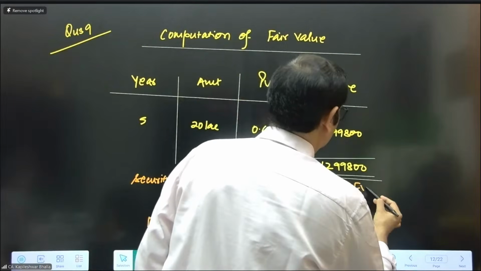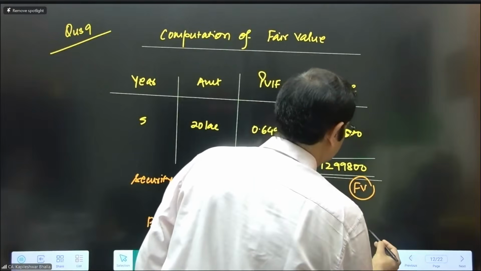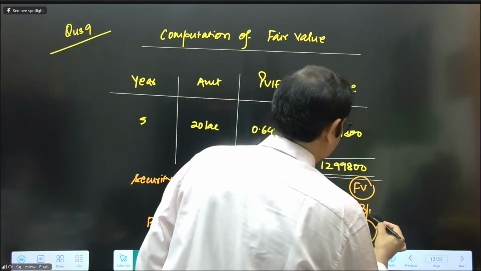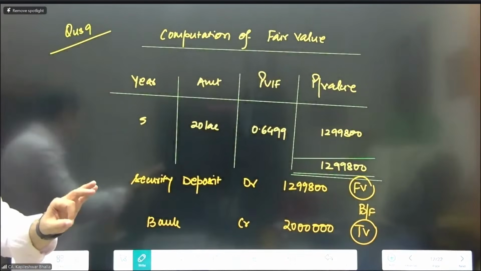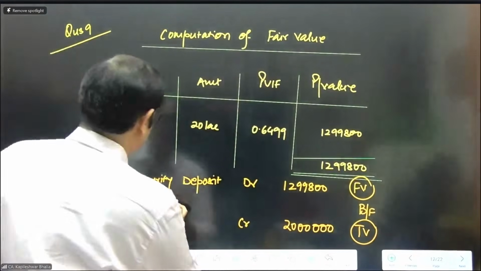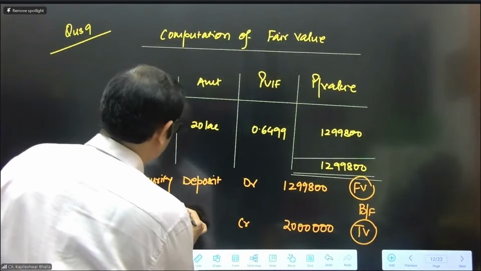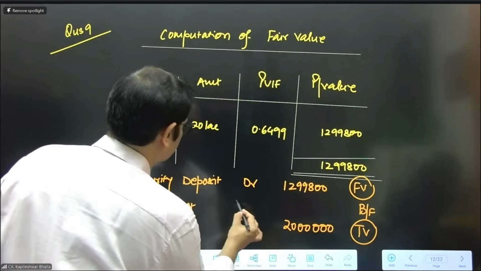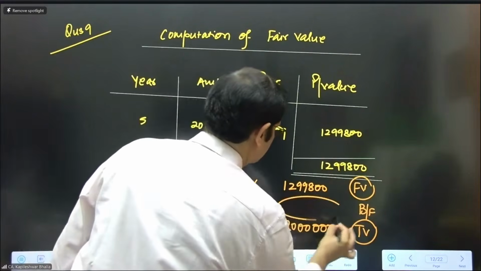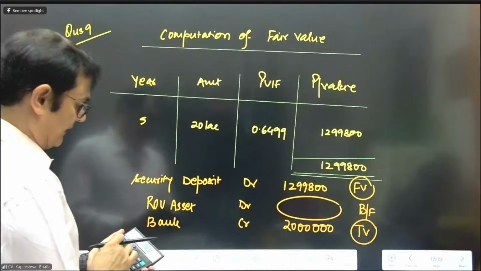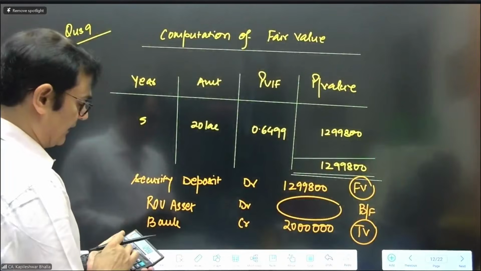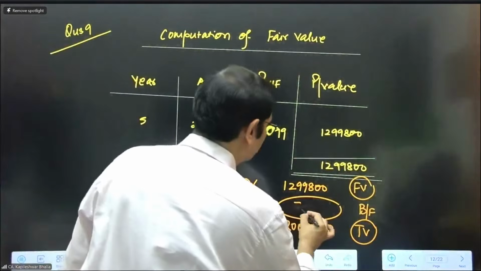This is the fair value. This is the transaction value. And we take a balancing figure, and you know this well in advance. The balancing figure is supposed to be the right of use asset in this case. So 20 lakhs minus 12,99,800 is 7,00,200.